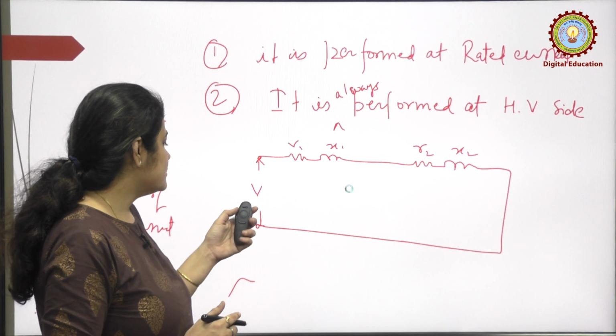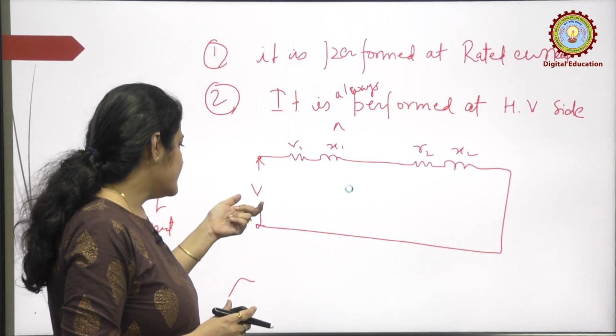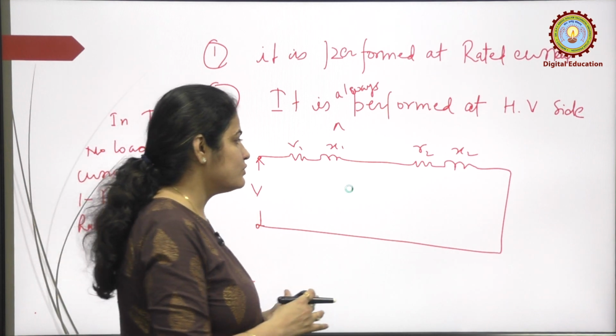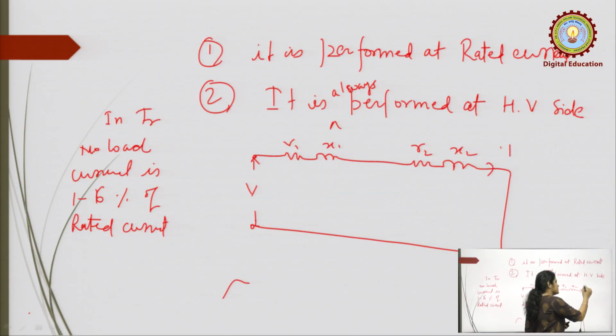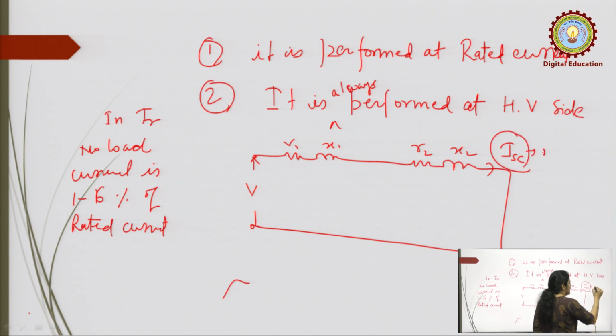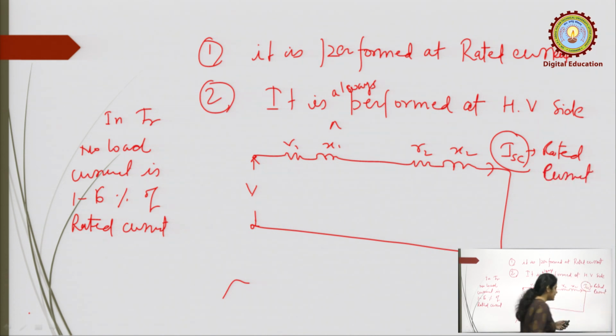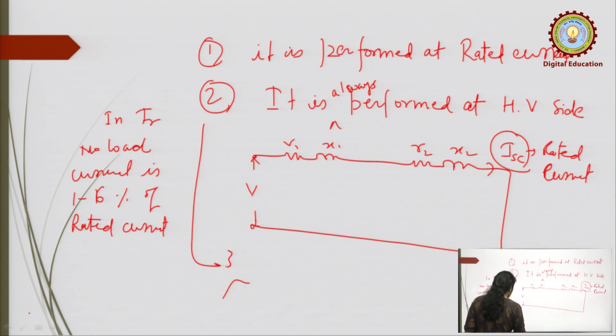So, by applying a very small voltage, this will carry the rated current, the short circuit current. So, that is why the short circuit test is always performed at a reduced voltage.